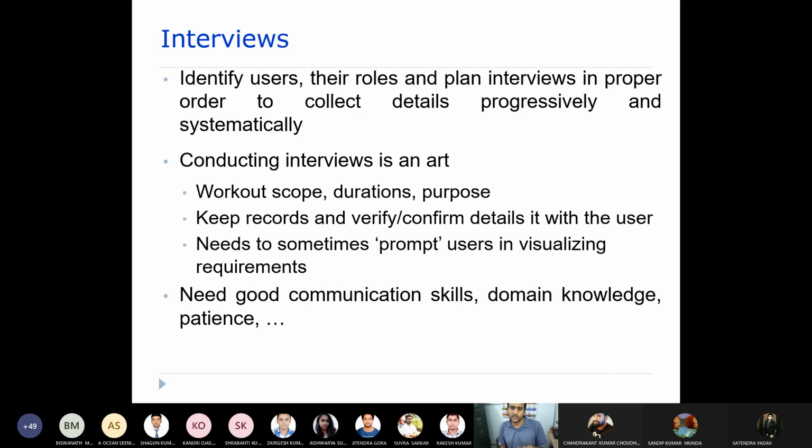That means after the interview, whatever information you collected, you also confirm with the user that this is the information we actually gathered. You sometimes need to prompt users in visualizing requirements, so you need a prompt user who will be able to help you in visualizing your requirements.